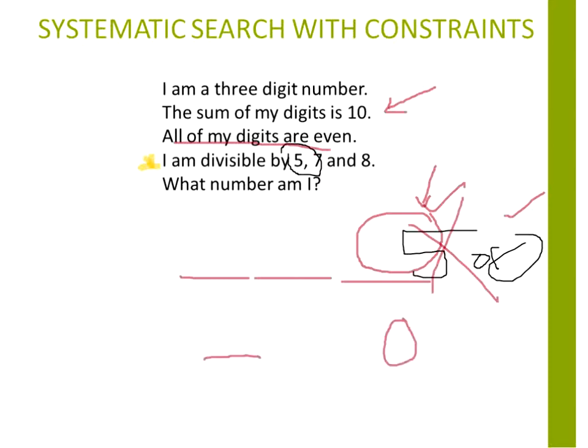So look, we're only down to 2 digits now. The fact that they're even means you could make a chart, and you could systematically go through in order, using an order. You could go through all the even pairs, and you could throw in this clue now too. You know they add to 10. So make a list of all 2-digit numbers, because remember we filled in 0 for the ones digit.